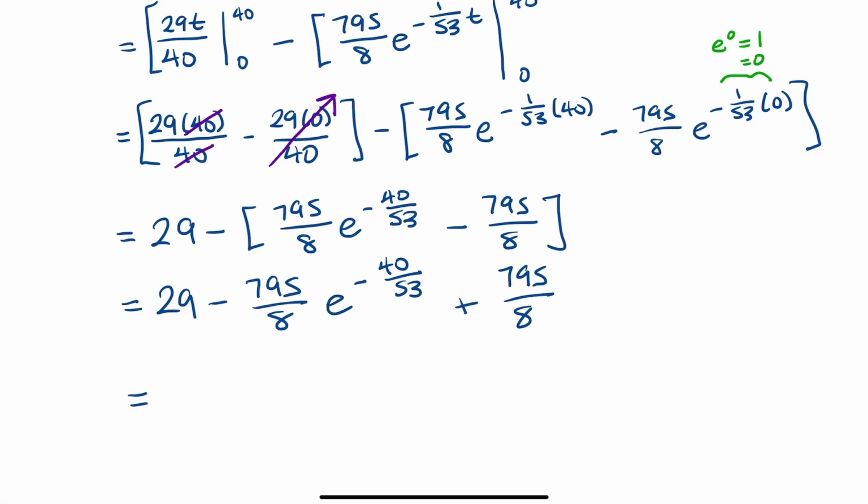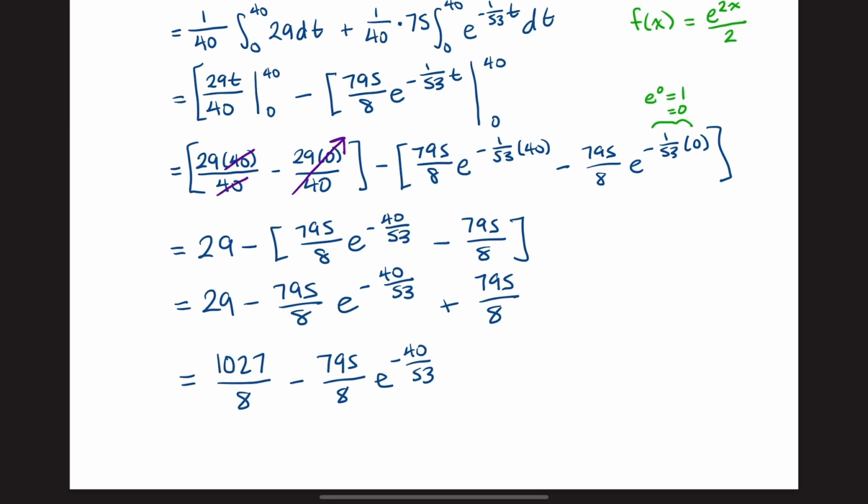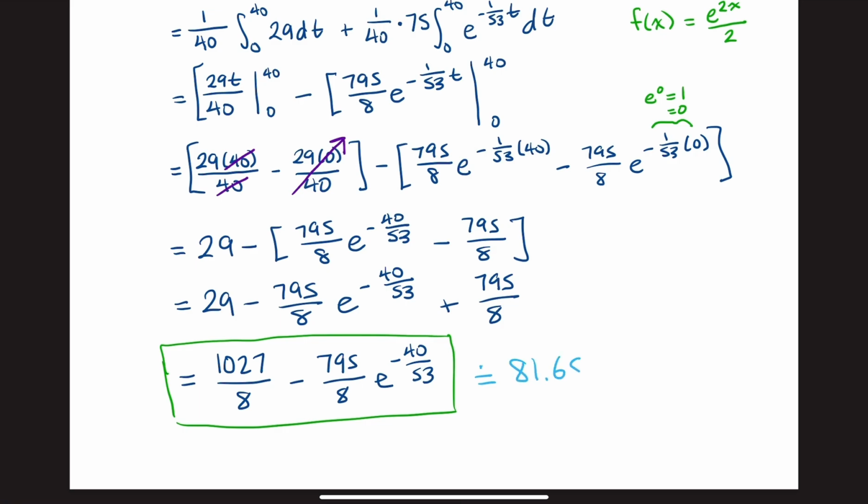And then adding this up together like terms, we're going to get 1,227 divided by 8 minus 795 over 8 multiplied by e to the negative 40 over 53. And so this would be your final answer. And let's say the question asked for you to round it to something like 2 decimal places. The answer would be approximately 81.65 degrees Celsius.